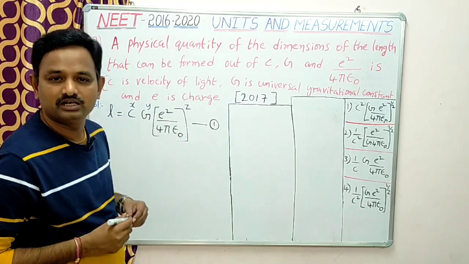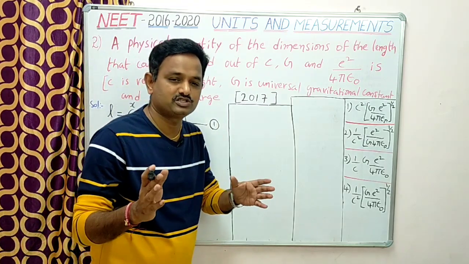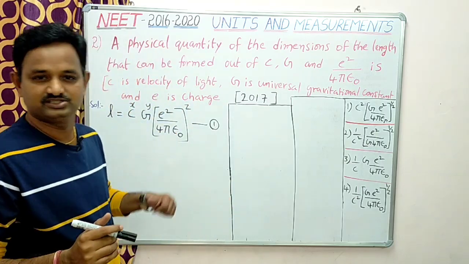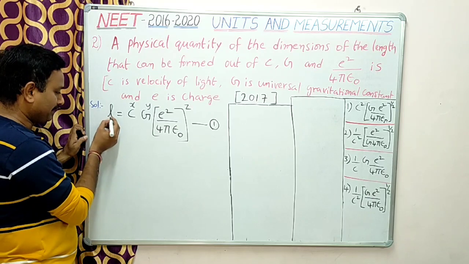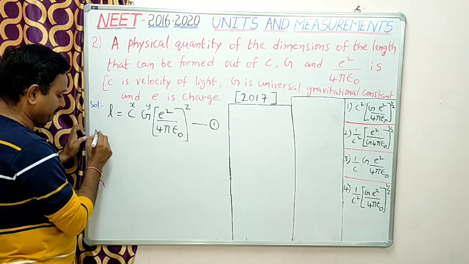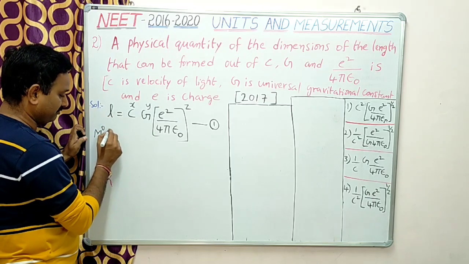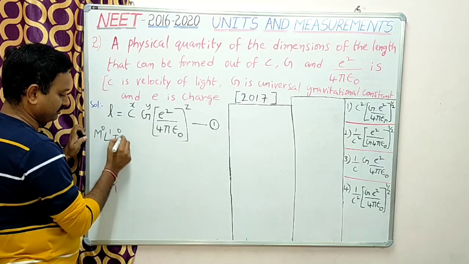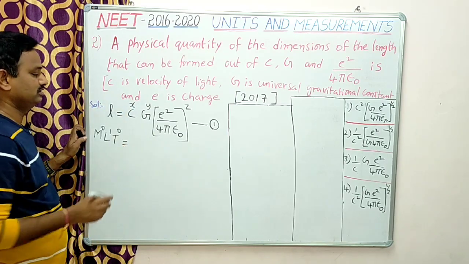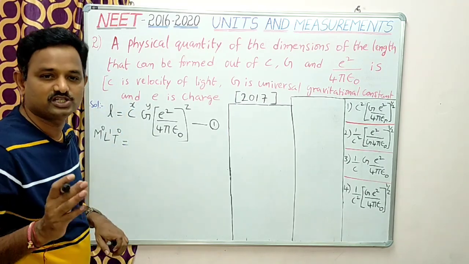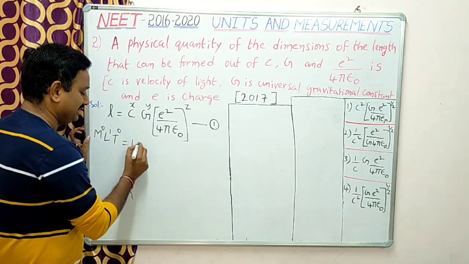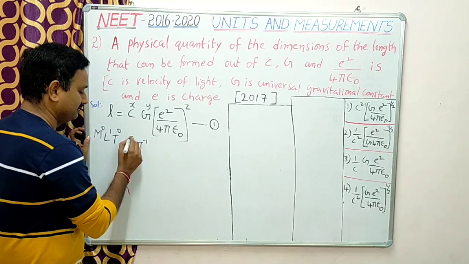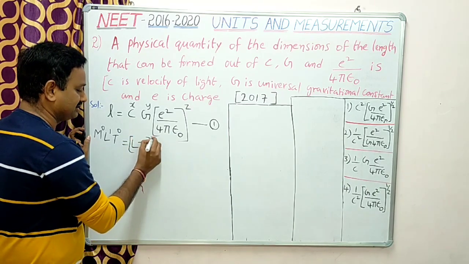First I will write the dimensions of both LHS and RHS. Look here. The dimensions of L are m power 0, L power 1, t power 0. That is equal to the dimensions of c, that means velocity of light, which is L t power minus 1. So L t power minus 1 whole power x.